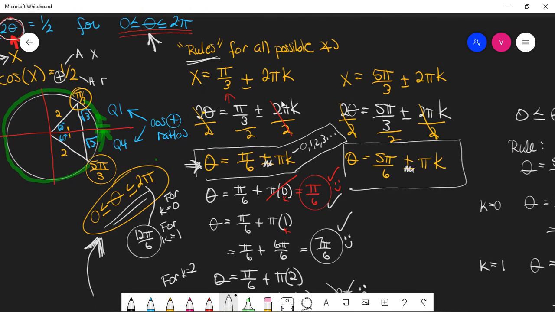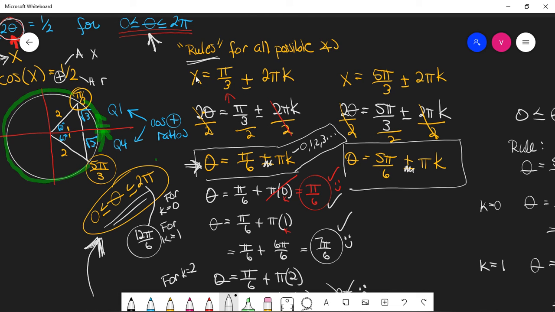So we wrote the rule that every time you're sweeping around the unit circle and you hit pi over 3, so pi over 3 plus every time you sweep around the circle, you're going to hit a cosine of 1/2. And same for this rule over here. Every time you're sweeping around the circle and you hit 5 pi over 3, and anytime you hit that on a rotation, you're going to get a cosine equal to 1/2. Okay, so this is where it comes in at the end.